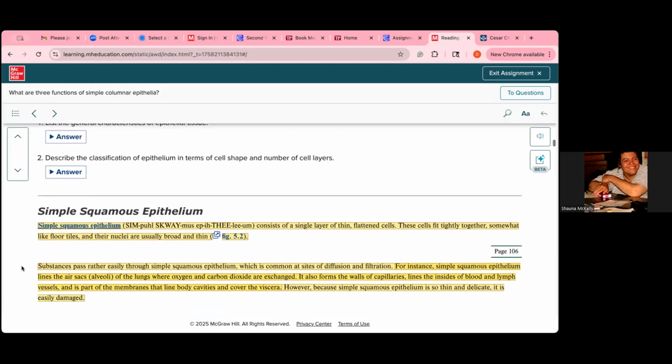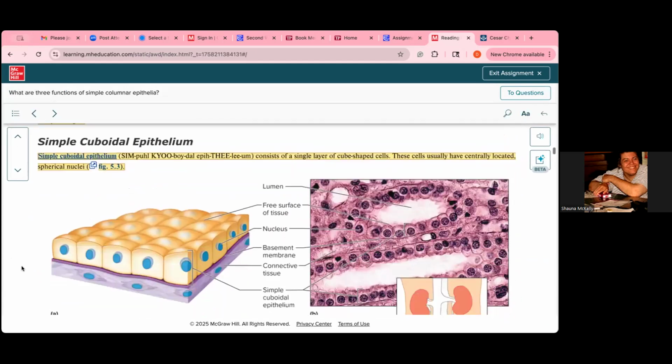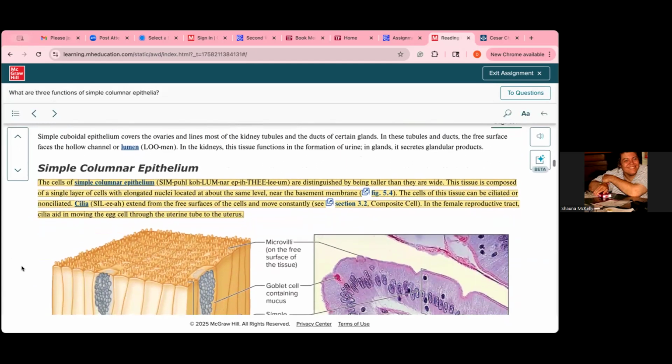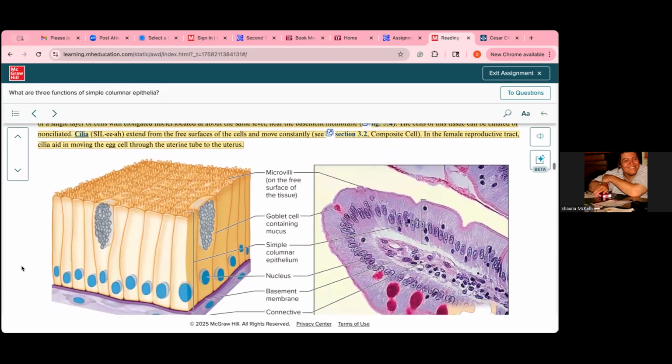Go down to simple columnar epithelia. Okay, so that's where they are. The cells of the tissue can be ciliated or non-ciliated. In the female reproductive tract, they move the egg through. Okay, keep going. We need to go under the picture.